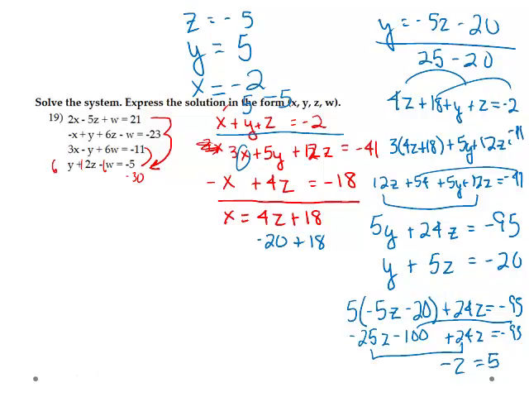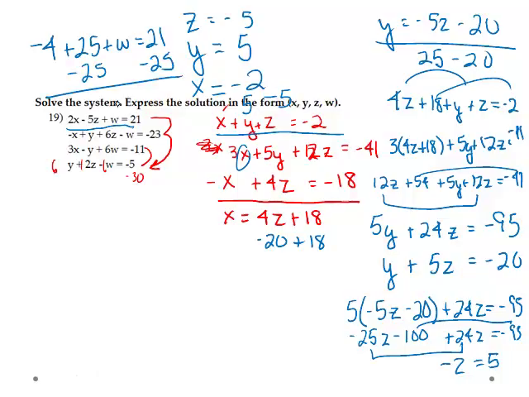Which equation has w in it? First equation right here. So 2 times x is negative 4. 5 times z is plus 25. Plus w equals 21. So subtract 25 from each side, and add 4 to both sides.